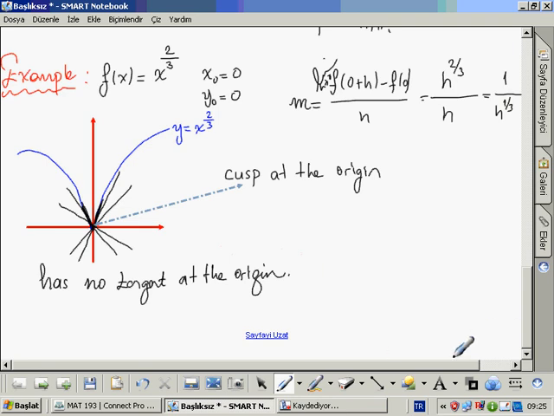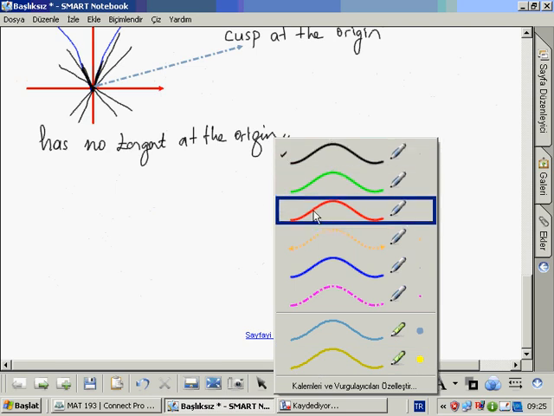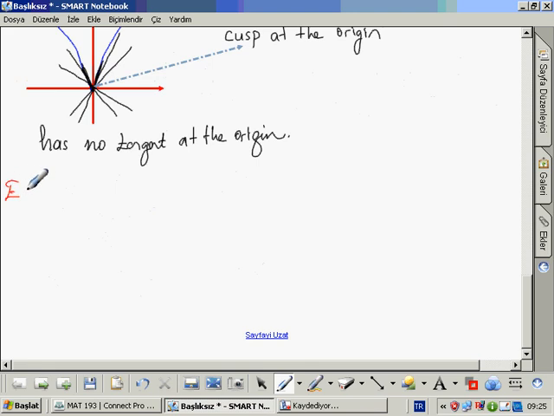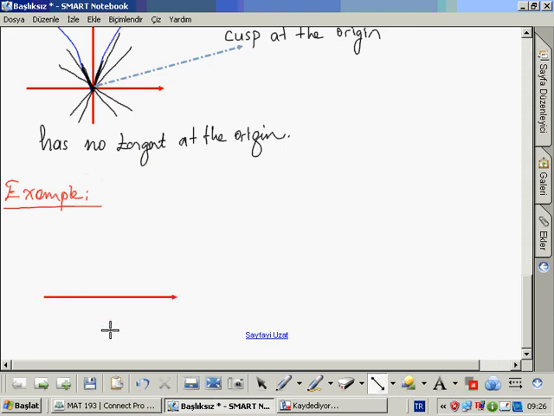Another famous example about the tangent problem is the absolute value function. Let's remember and sketch this curve, the absolute value graph. It was like that, I think, right?